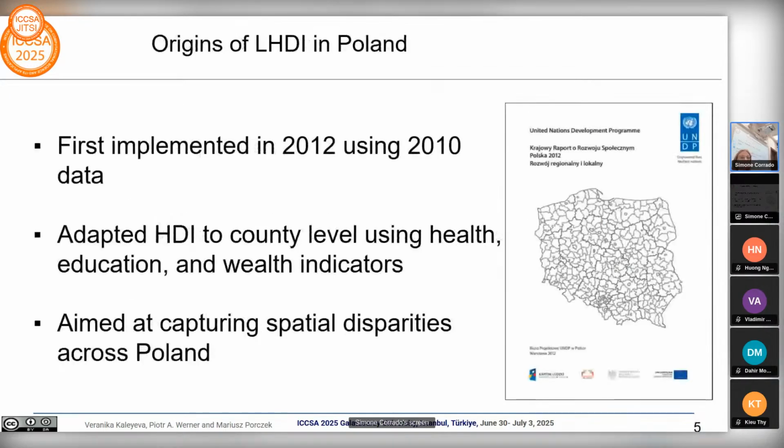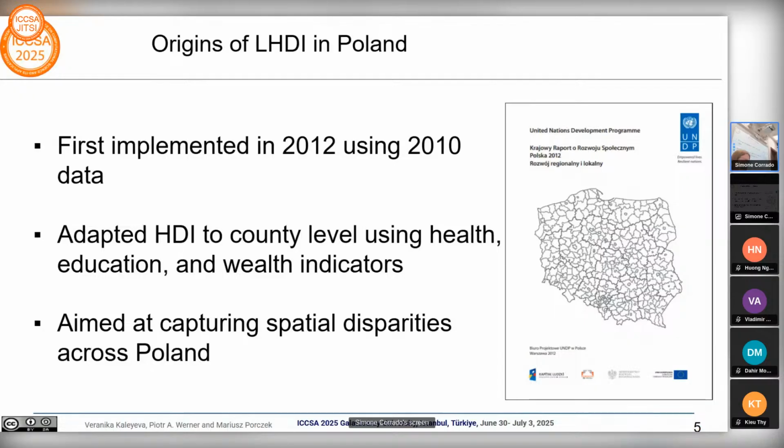The first local Human Development Index study for Poland was implemented in 2012 and based on data from 2010, and it aimed to provide comparable HDI-like indicators at county level. A county, in Polish powiat, is an administrative unit that is one level below the NUTS 3 Eurostat unit.